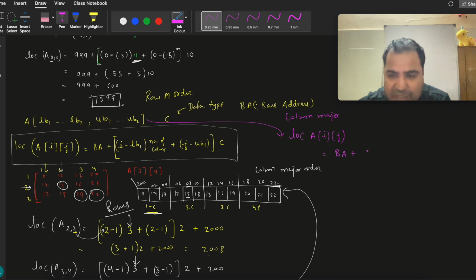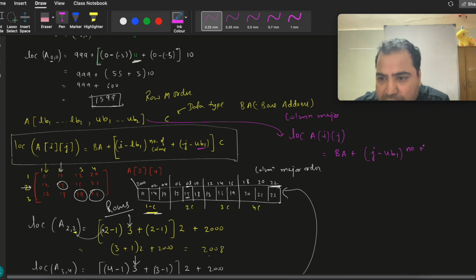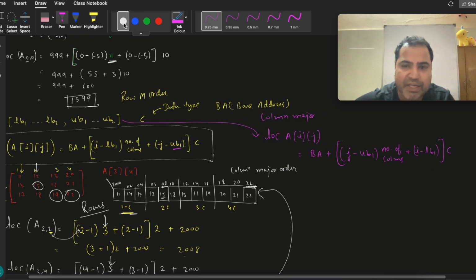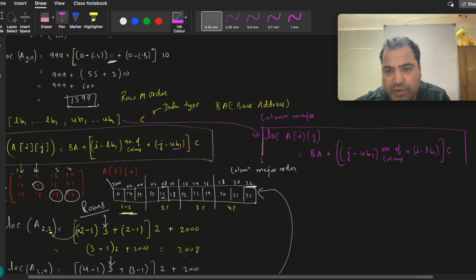Base address plus, now you see, (j minus lb2) multiplied by the number of columns, plus (i minus lb1), and this whole multiplied by c, the size, right? So this will be the only change here. Just you have to write the number of columns, right?